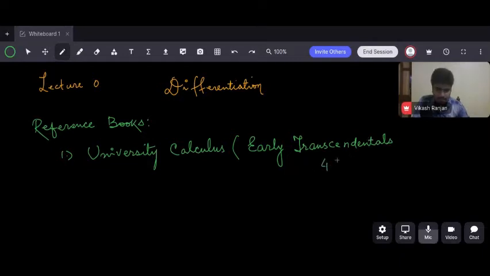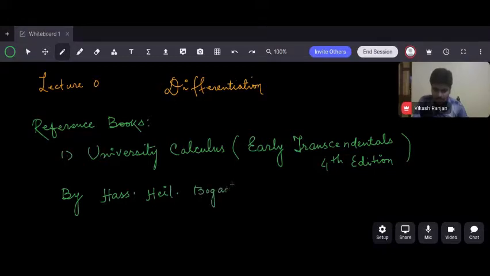This is the fourth edition. And this book is written by Haas, Heil, Bogacki, and Thomas.